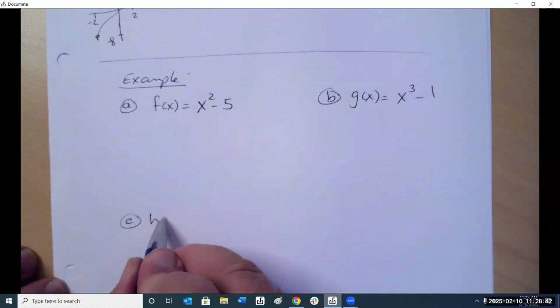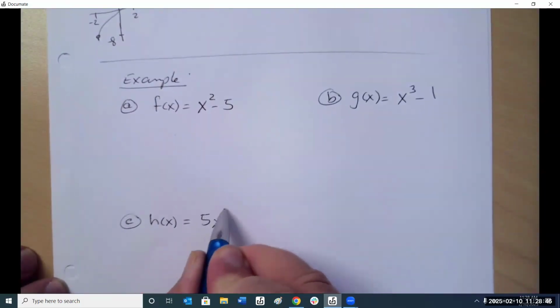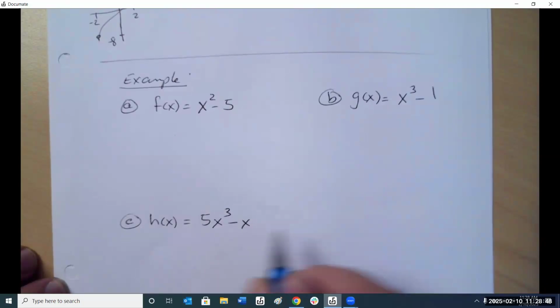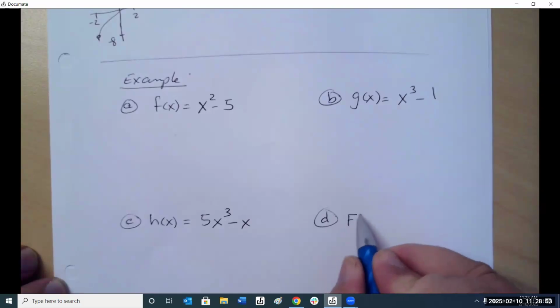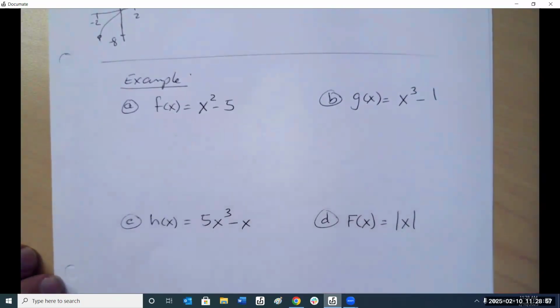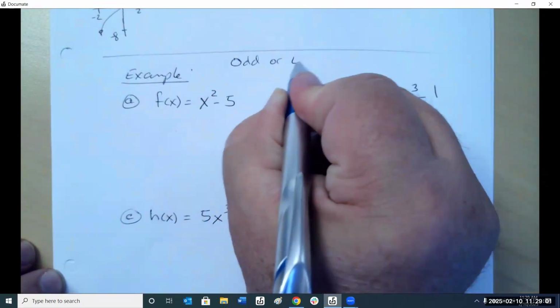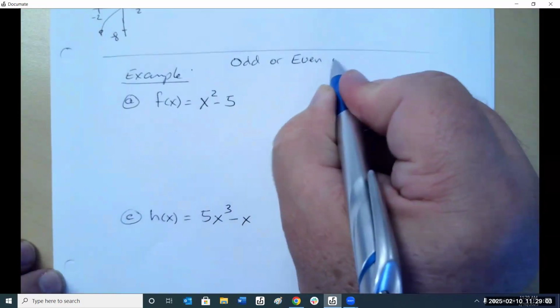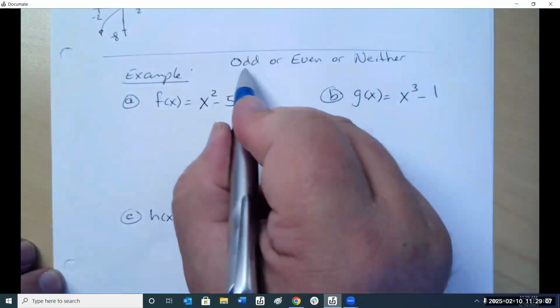C: h of x is equal to 5x cubed minus x. And D: f of x equals absolute value of x. Is it odd or even or neither?